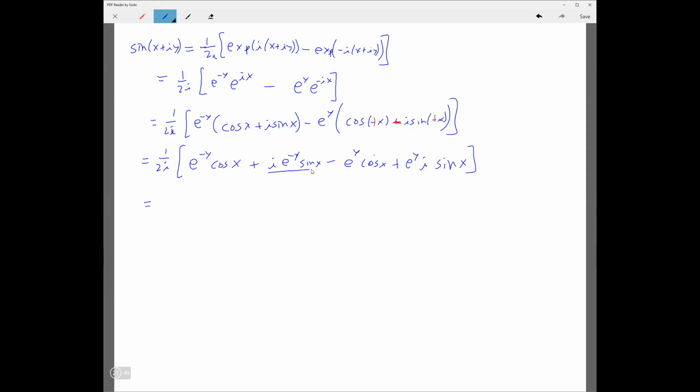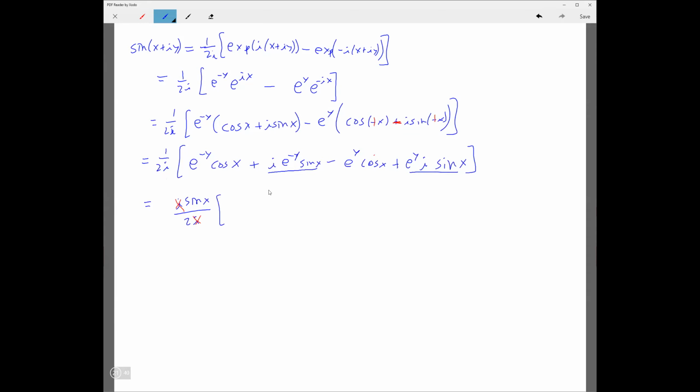So let's put the signs up into one piece. And so we can factor, let's just look at these two terms here. We can factor an i sine x out, right? It's still going to be over 2i as we pull it out of there. But the i's are going to cancel, so that's good.